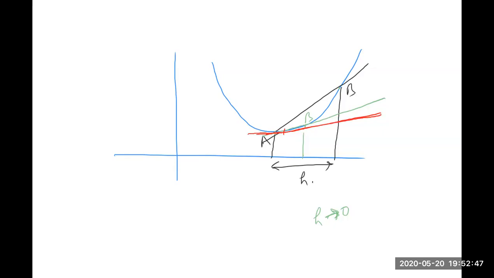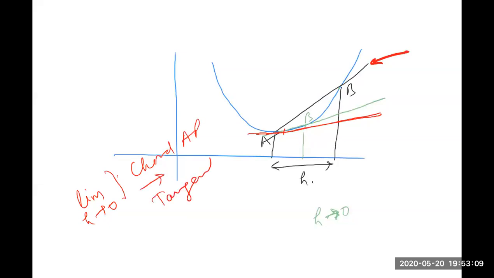So under the limiting condition, when limit h is approaching 0, the chord AB is approaching the tangent. That means this chord AB will be almost equal to the tangent.